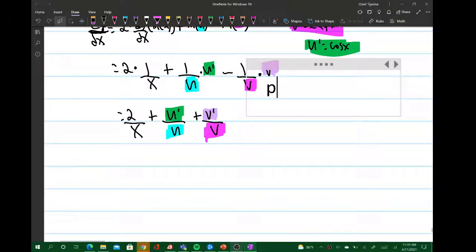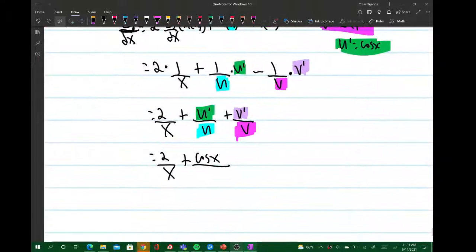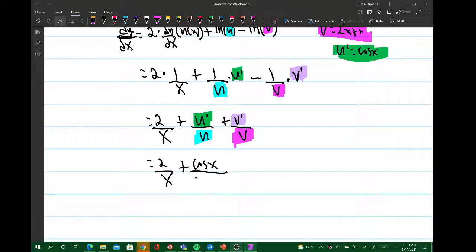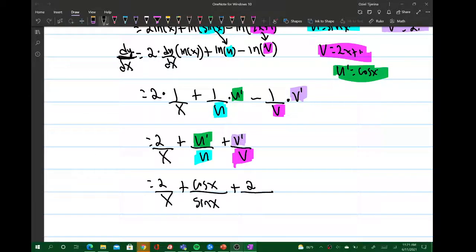Now, basically we're going to have this is equal to 2 over x plus cosine of x over sine of x, and then v prime is 2, and v is 2x plus 1.